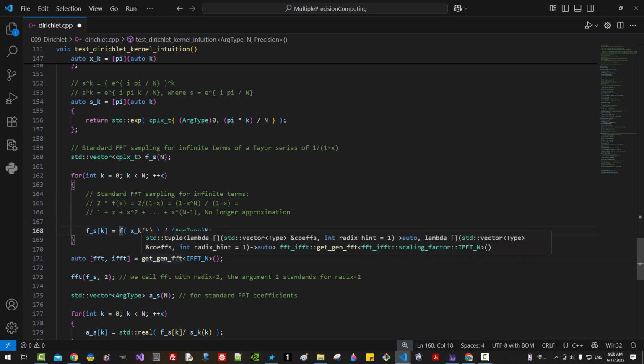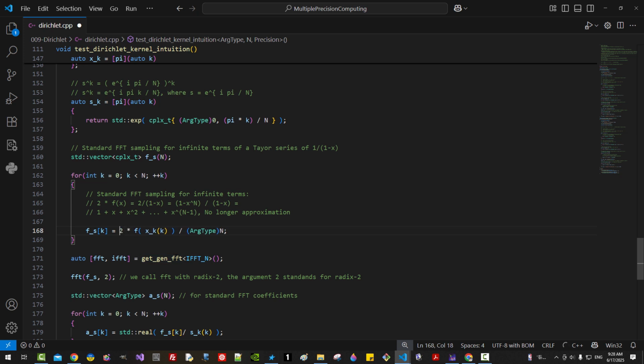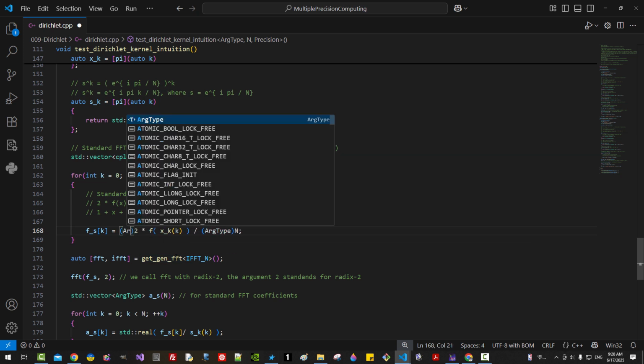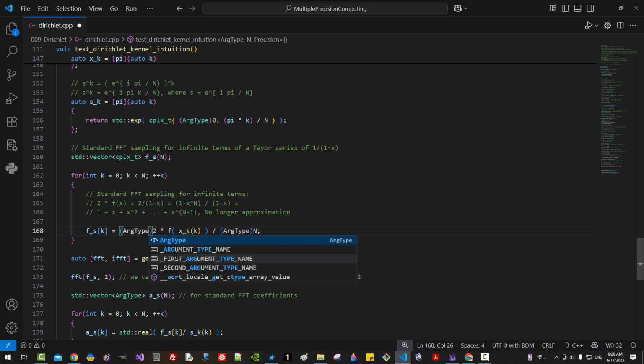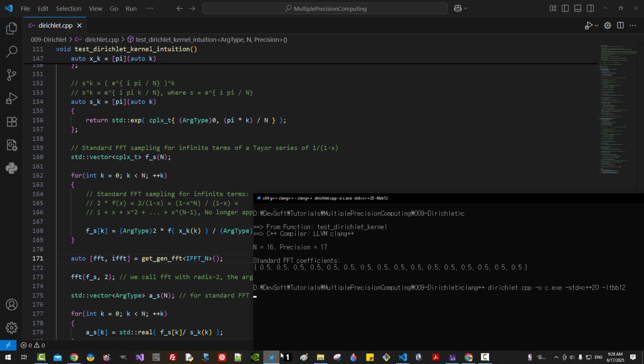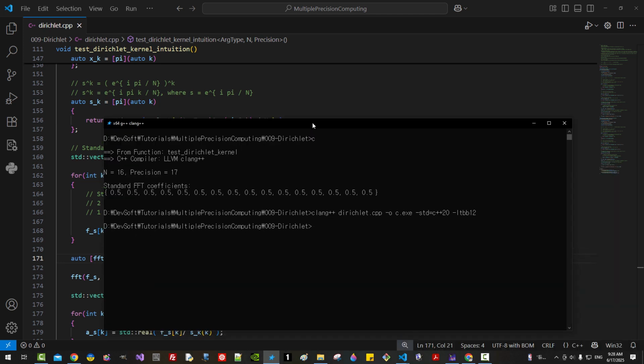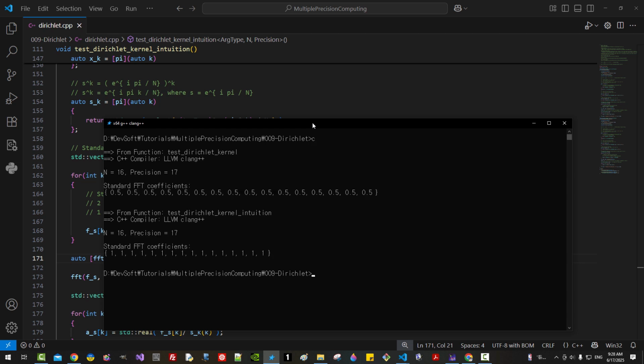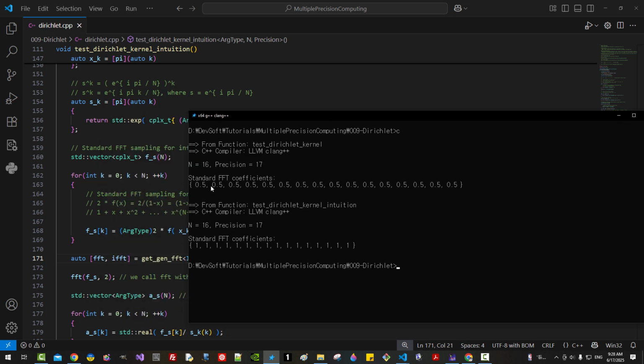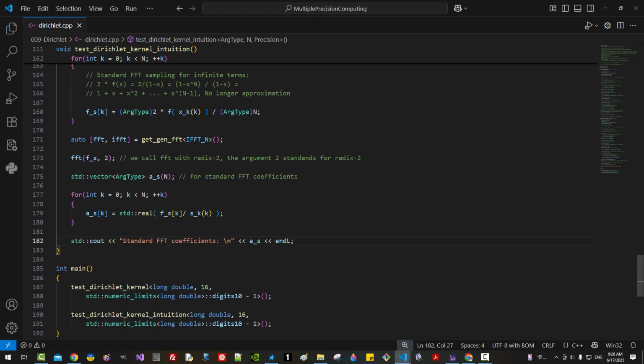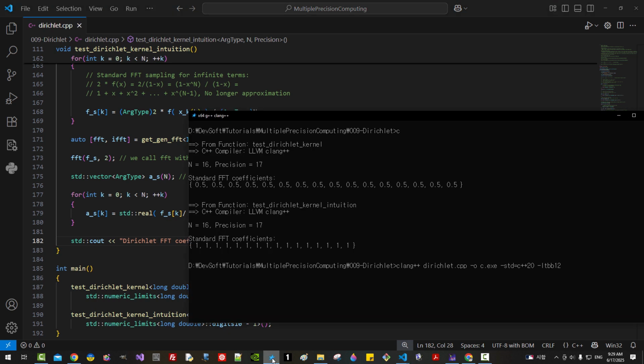We multiply 2 with typecast ARG type. With this, we build again. CLS-C. Now, this is the older result. This is the new result. Here, it should be Dirichlet FFT coefficient extraction. We build again.